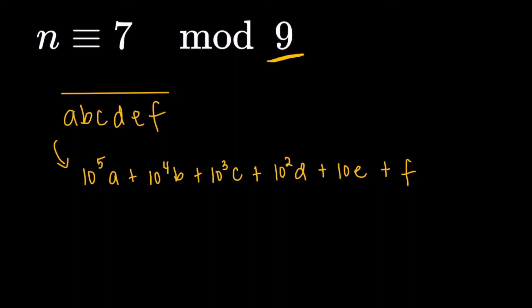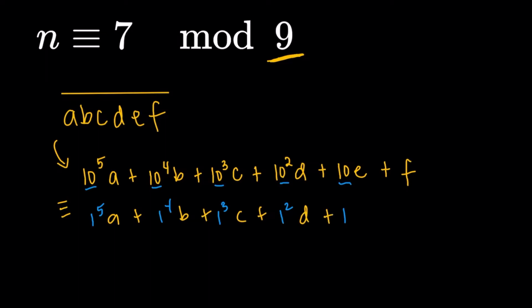Now, to show you this, let's go back to the generic A, B, C, D, E, F, the 6-digit number. If I write it in terms of a sum, it's going to be 10 raised to 5 times A plus 10 raised to 4 times B, and so on and so forth until the F. Now, if I take this under mod 9, all the 10s are congruent to just 1s, so all of this just becomes 1 raised to 5, 1 raised to 4, 1 raised to 3, 1 raised to 2, and then just 1, with the A, B, C, D, E, and F here.